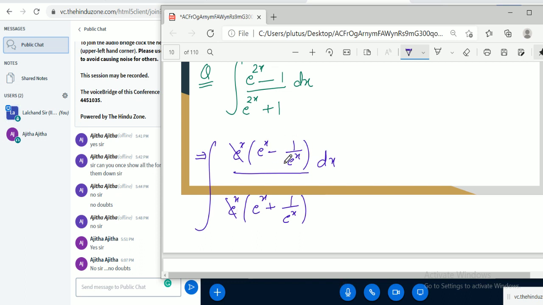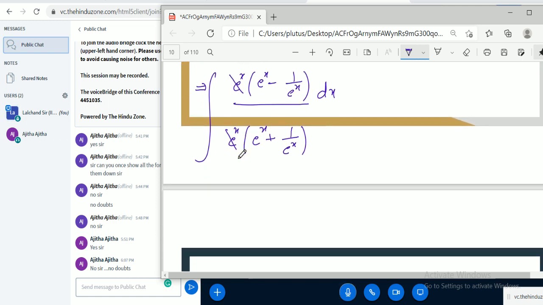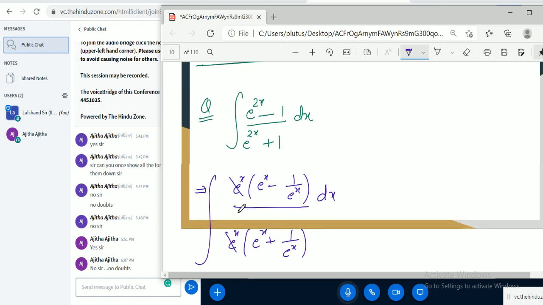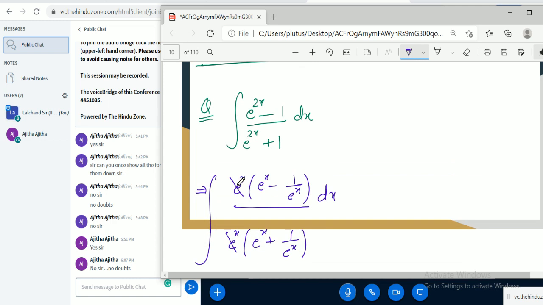Now if we take LCM, we can rewrite this as (e to the power x minus e to the power minus x) in the numerator, and the denominator will be (e to the power x plus e to the power minus x) into dx. So now can you solve by using substitution?